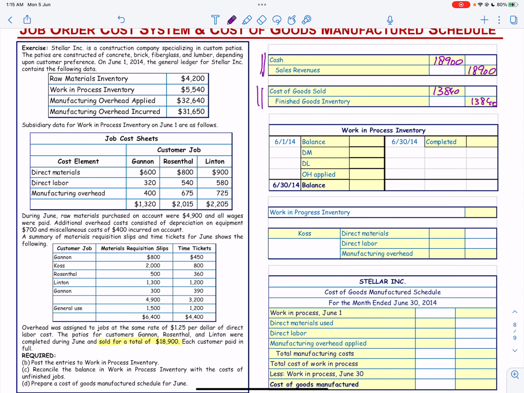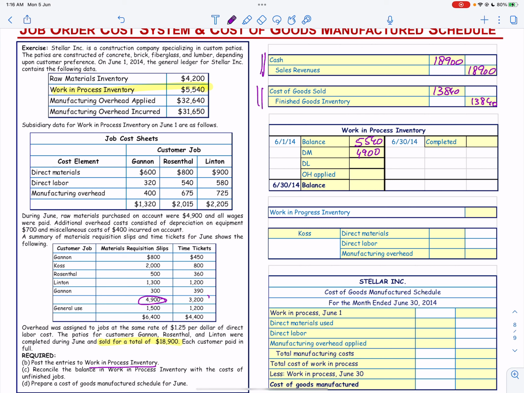And for part B, post the entries to work in process. So we are going to start first of all with the beginning balance, and the beginning balance for work in process is 5,540. Then we have direct material 4,900.